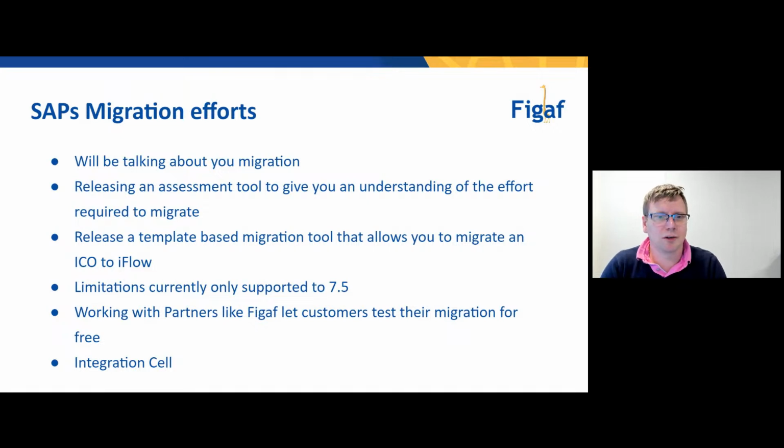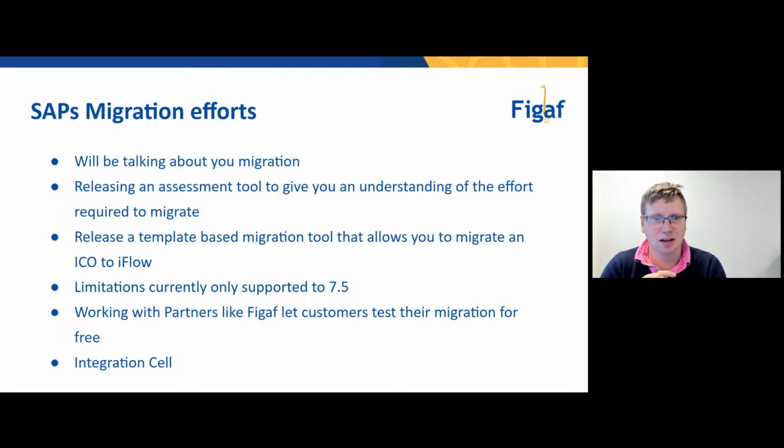So SAP's effort is about talking about how you should be migrating. And if you've been talking with your account representative, they've probably asked you if you're up to migrate. They have released this assessment tool to give you an understanding of what is going on with your landscape, how easily it can be migrated. And then they are working on a template-based approach to migrating ICOs to iFlows.